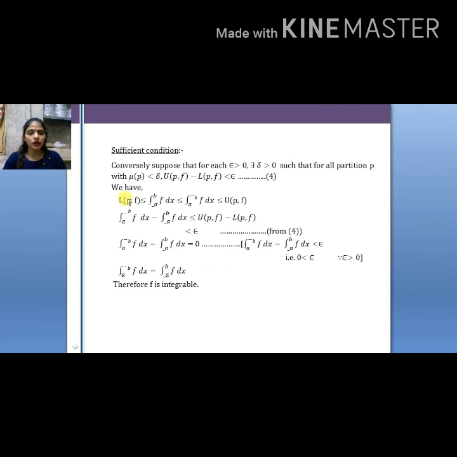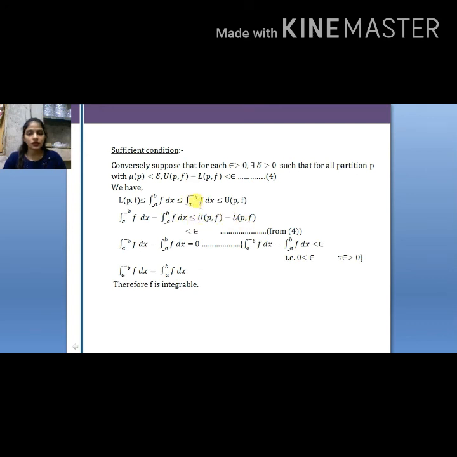Also we have LPF is less than or equal to integration from a bar to b f dx, which is less than or equal to integration from a to b bar f dx, which is less than or equal to UPF. From this we get integration from a to b bar f dx minus integration from a bar to b f dx is less than or equal to UPF minus LPF.